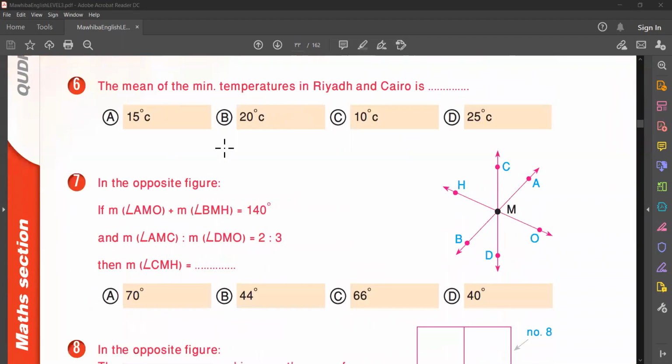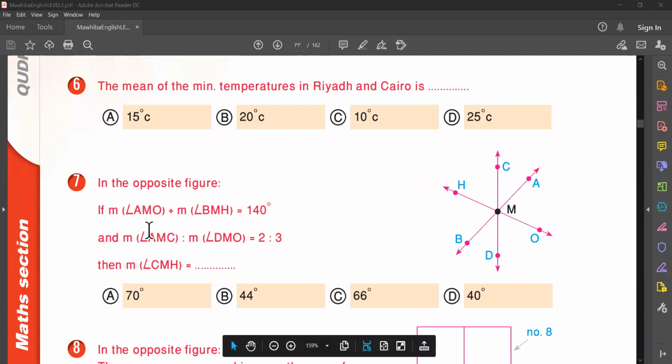Okay, now, number 7. Look here. In the opposite figure, he gives me AMO. Look here. I want you to pay attention to this problem to know how you find the answer. AMO, look here.